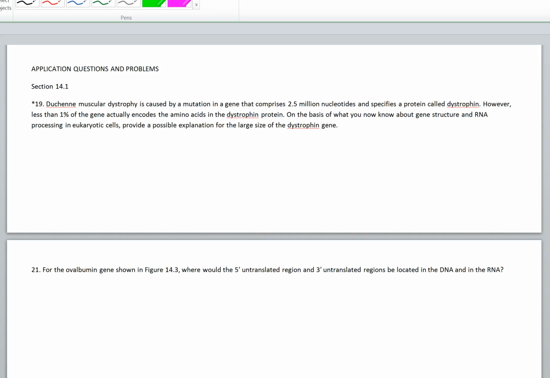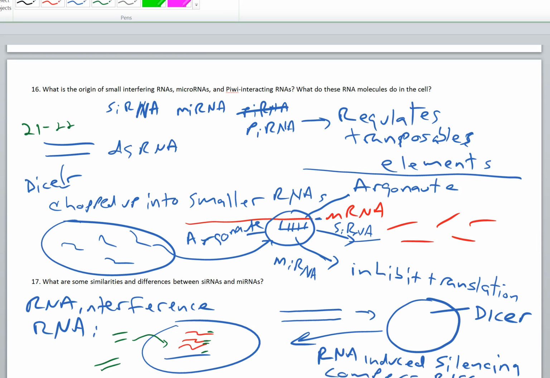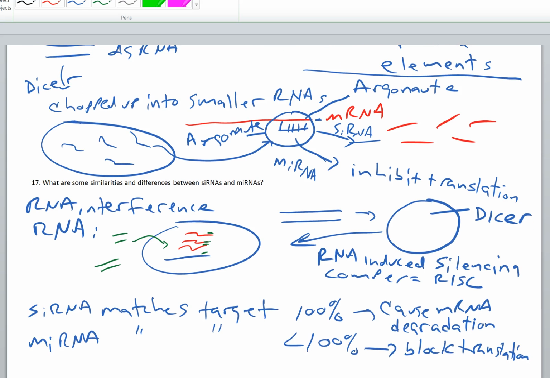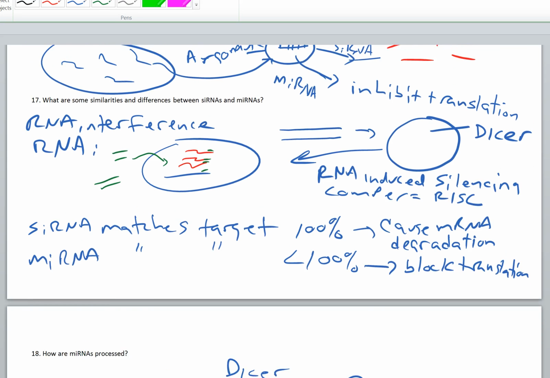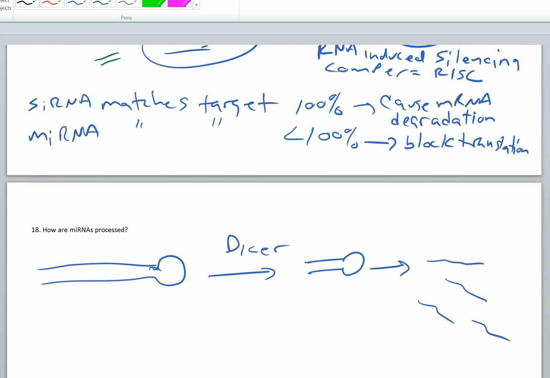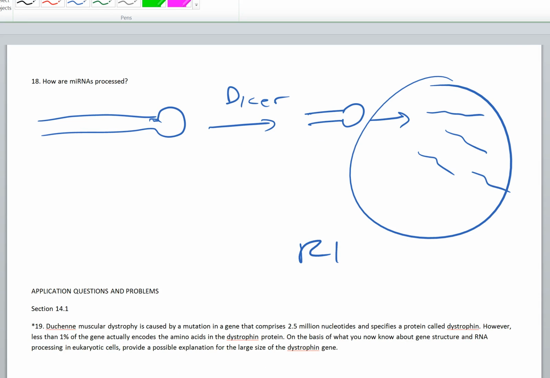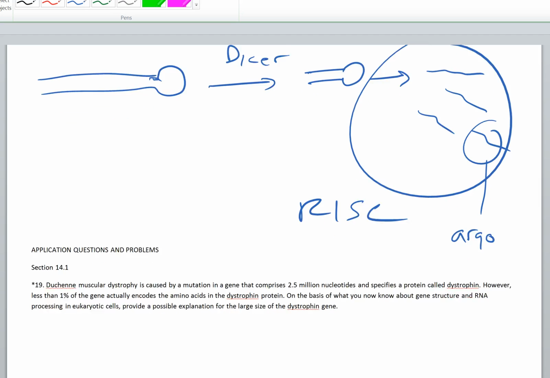If you know that dicer chews up, and that this occurs in the context of RISC, the RNA-induced silencing complex, and argonaute, this gets bound by argonaute, and it then goes to target genes for translation inhibition.